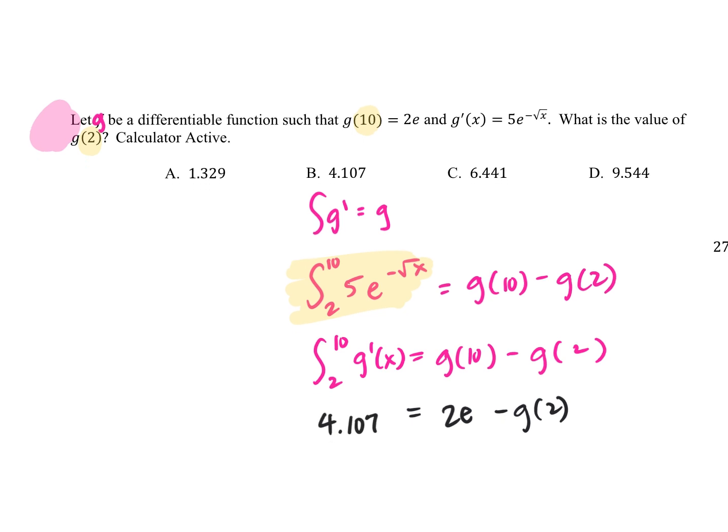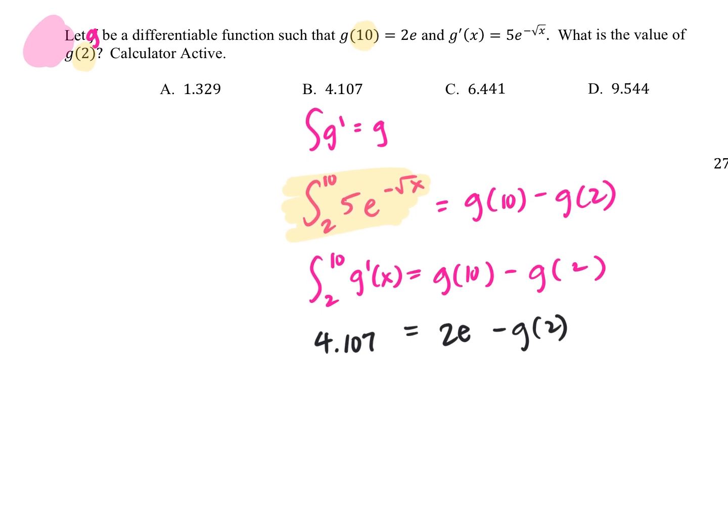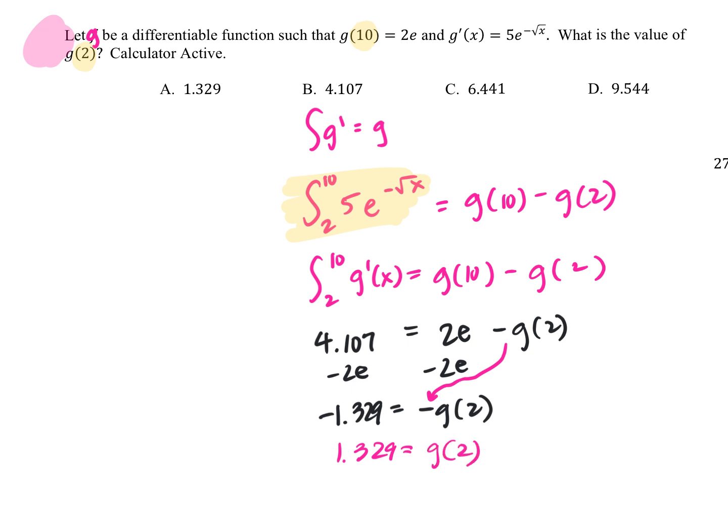What do we need to do to that? I'm going to subtract 2e in my calculator again. Negative 1.329 equals negative g of 2. Ooh. Positive. Oh, yeah, you're right. Or subtract 10 from that to get the negative. Mm-hmm. Okay. And therefore 1.329 is my positive g of 2. Oh, good. The negative one wasn't an option.